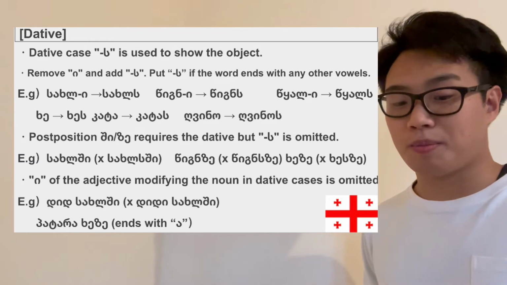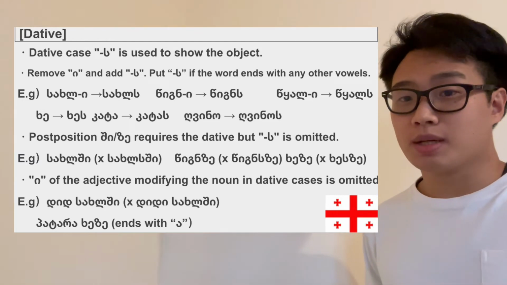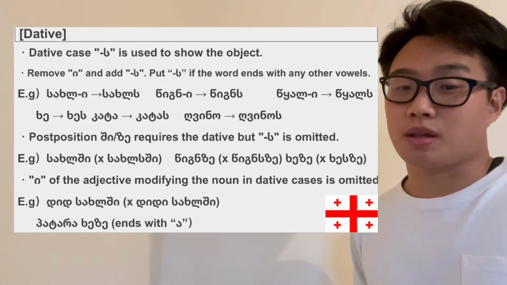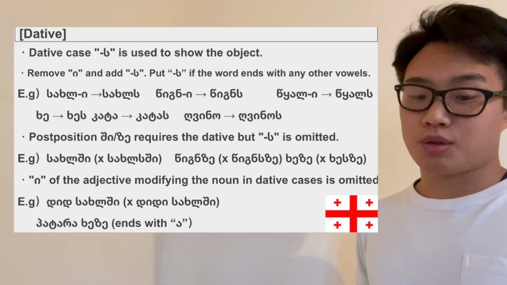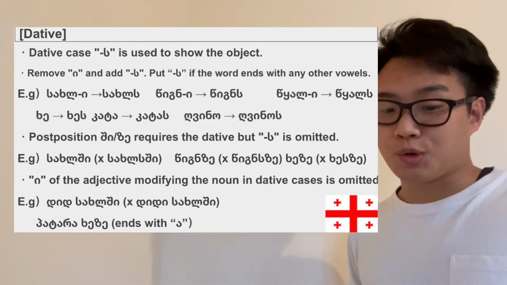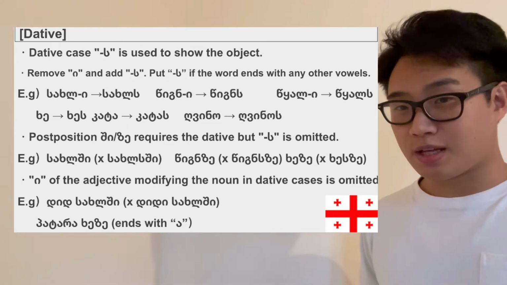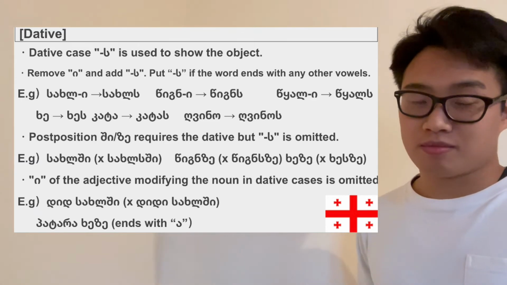For example, atara 해제, it's correct because it ends with the letter a and not e. So you can say atara 해제, but you can't say didi sahurushi. Right? It's kind of complicated, but you will get used to it.